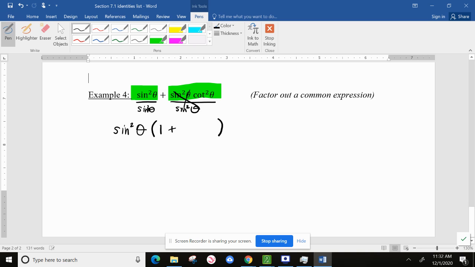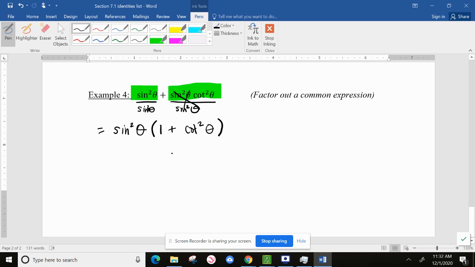So all we're left with in this term is a cotangent squared. Now, if it's bothering you, and you're not sure if you've done it right, think about redistributing sine squared to both of these terms inside the parentheses, and you should see that it matches what we started with. All right? So that's how you would factor that out.